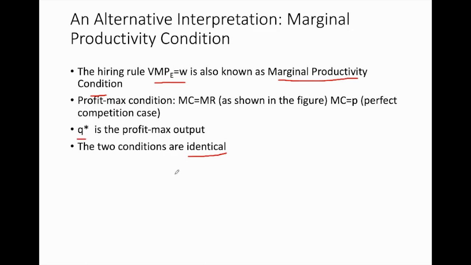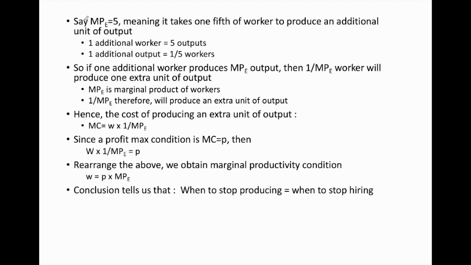Therefore, the two rules are similar in that aspect, that is, to identify Q star. So, in order to establish that claim further, say that the marginal product of worker is equal to 5. This means that it takes 1/5 of a worker to produce an additional unit of output.